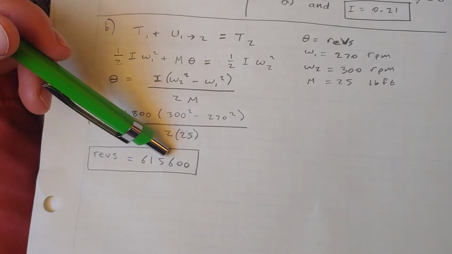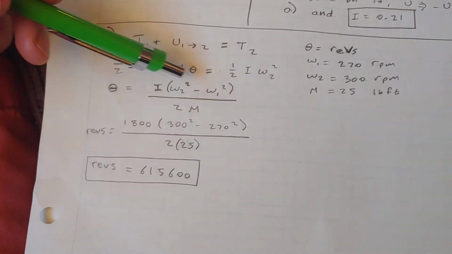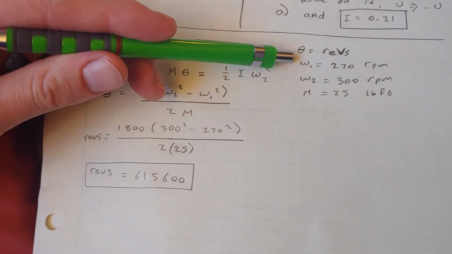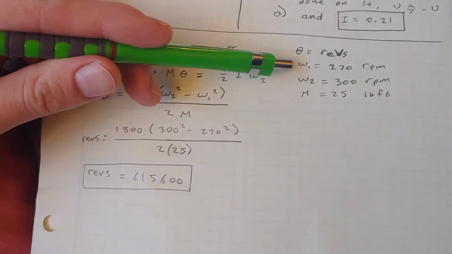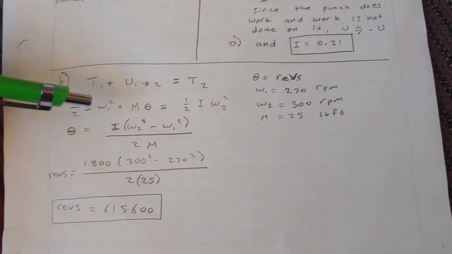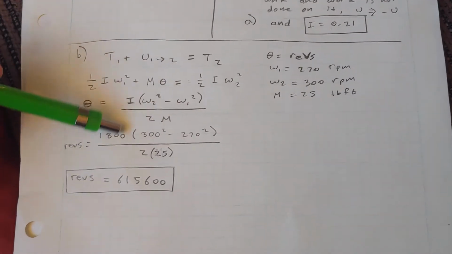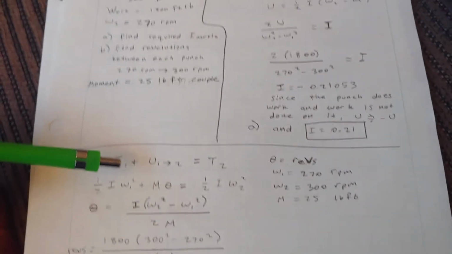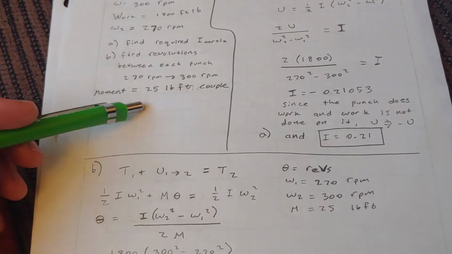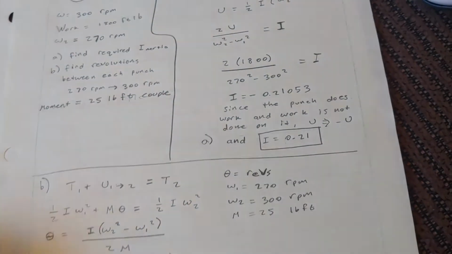So there's 615,600 revolutions in between punches, just so that we can bring the revolutions back up to 300, which is pretty understandable. It's going to take a whole bunch of revolutions because we're only having a moment of 25 foot-pounds on there, which is a really small input.